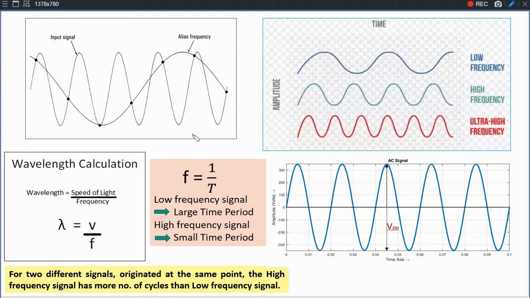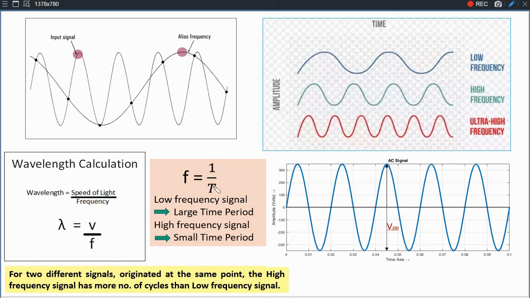Now let us move on to studying multiple sine waves together. Here you can watch that in the leftmost and topmost diagram, there are the waveforms of two signals. One is indicated as the input signal and the other as the alias frequency signal. If the signals are different and originate at the same point, then the high frequency signal has more cycles than the low frequency signal. And what is the concept of frequency?